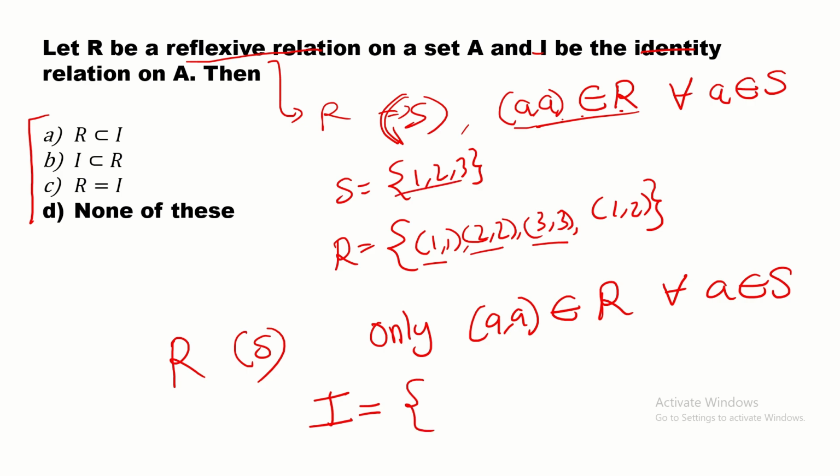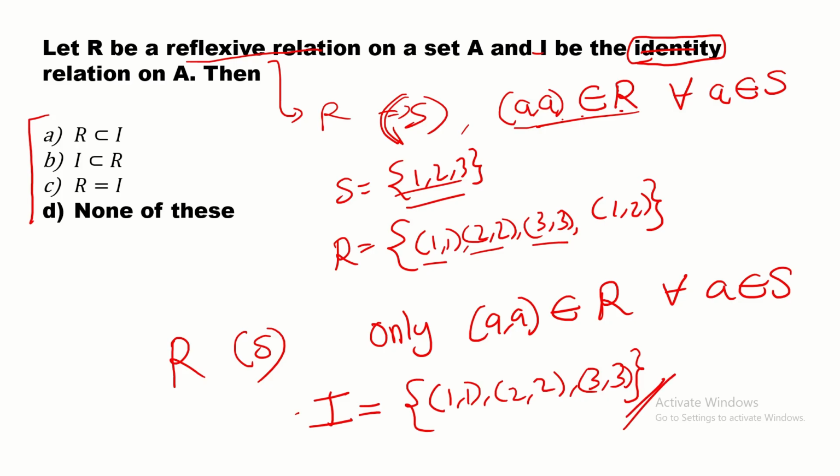So if S is {1, 2, 3}, then I is {(1,1), (2,2), (3,3)}. We cannot write any other identity relation because, as the name suggests, identity is to distinguish between different sets. So it is unique for a particular set, and this is the only identity relation which is possible for the set S.